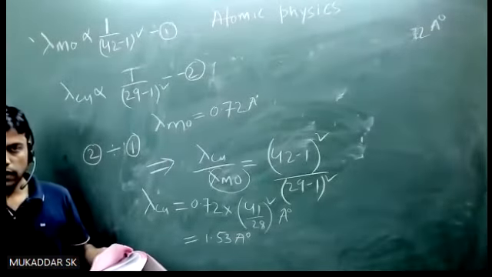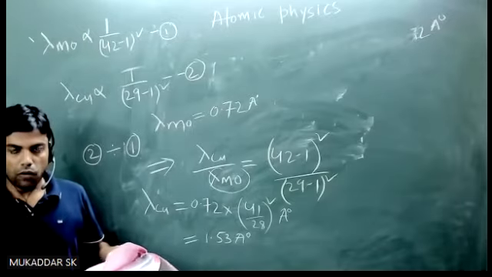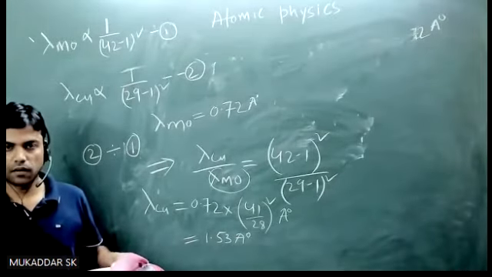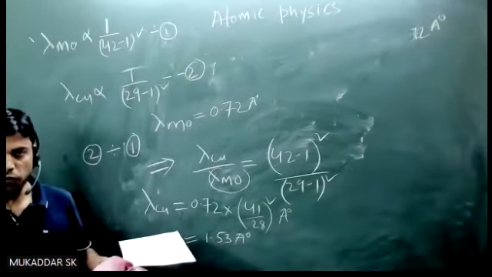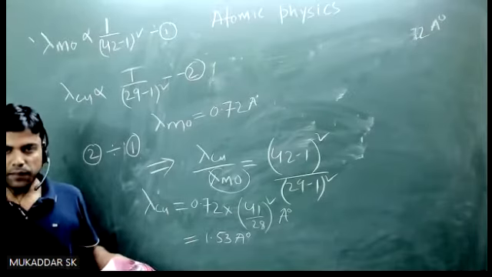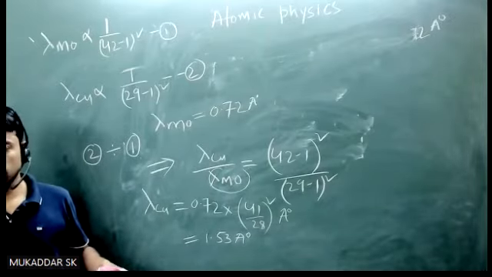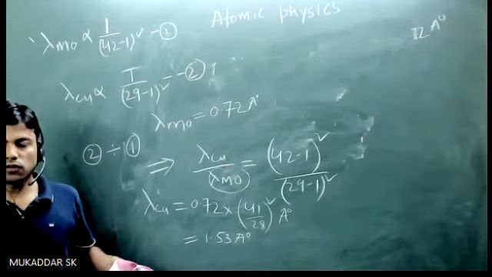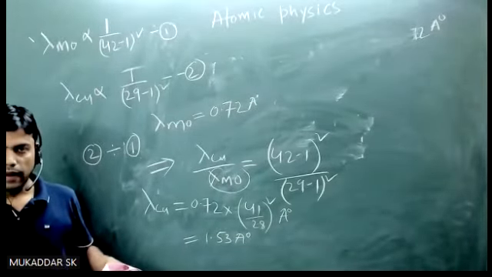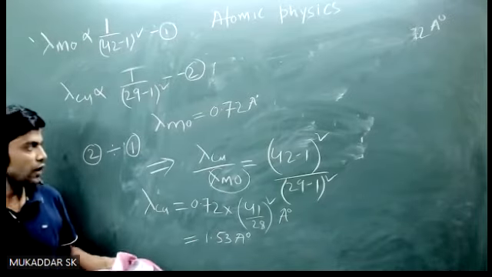According to Bohr's theory, the magnetic field produced at the center of the nucleus due to orbital motion of the electron at the nth Bohr orbit is proportional to what? That you have to check.